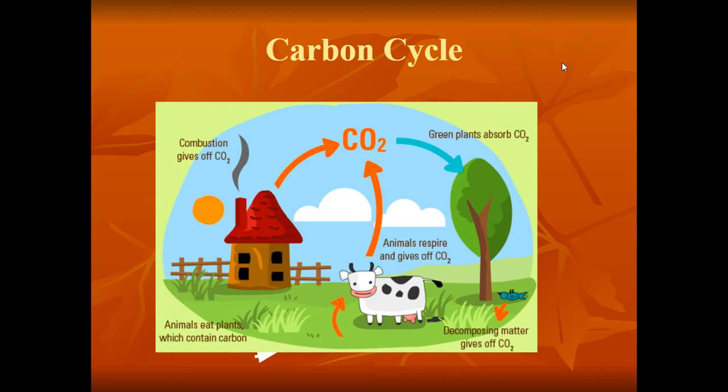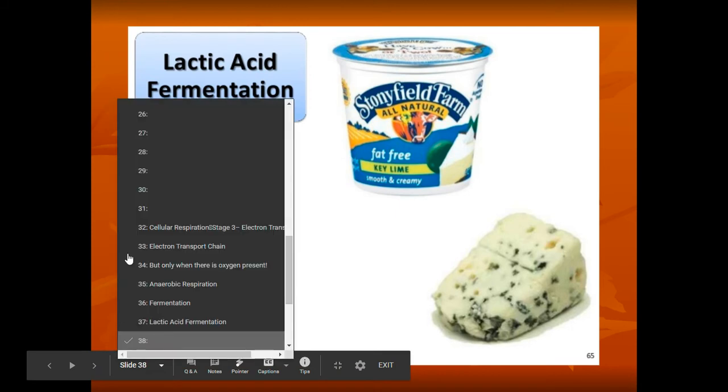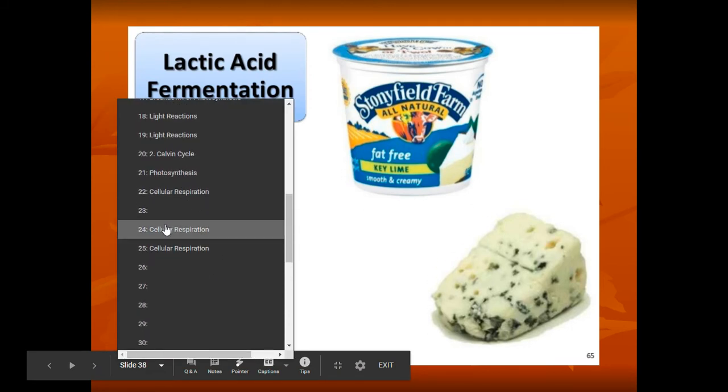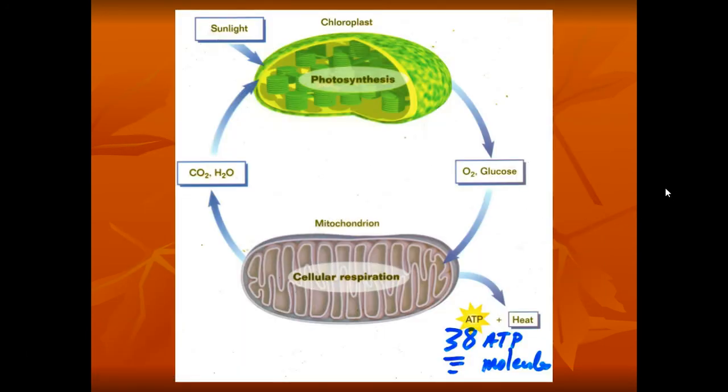Plants also use the sugar that they make, because remember, if we look back at this slide here, recognize that plants have both of these organelles in each of their cells.